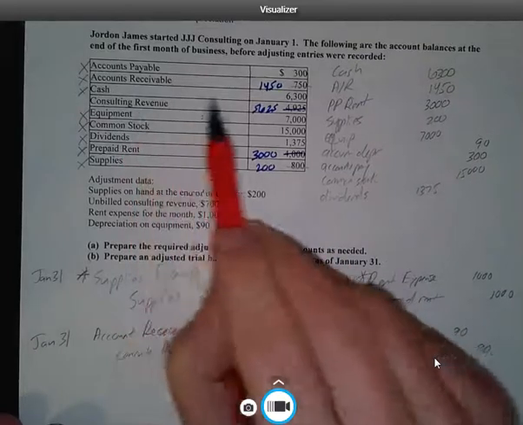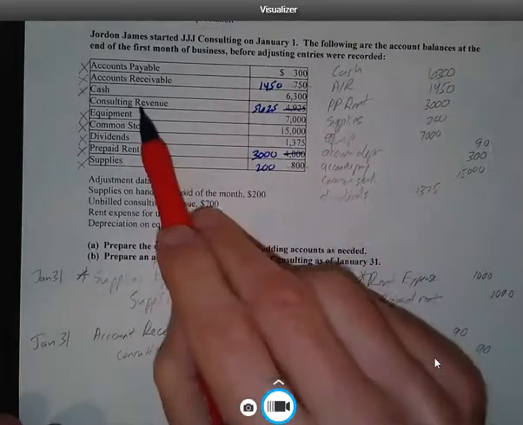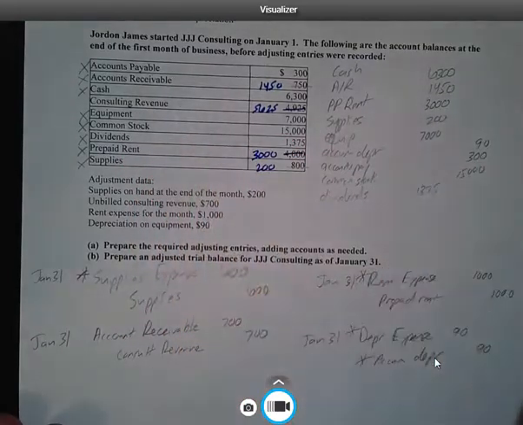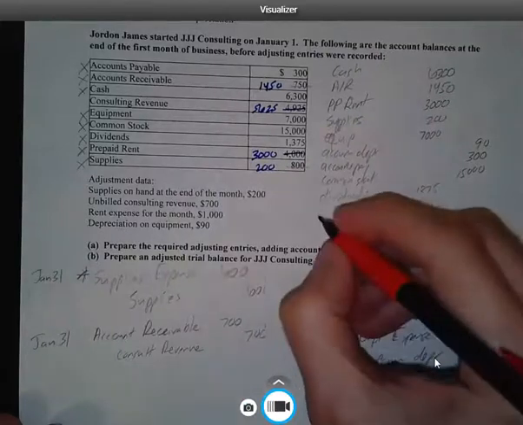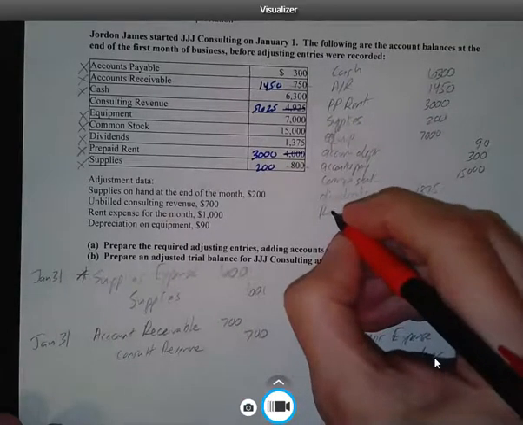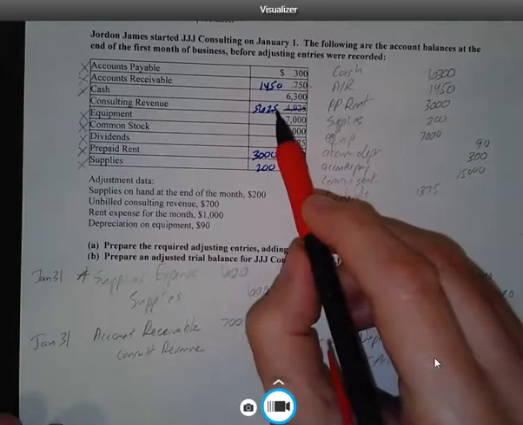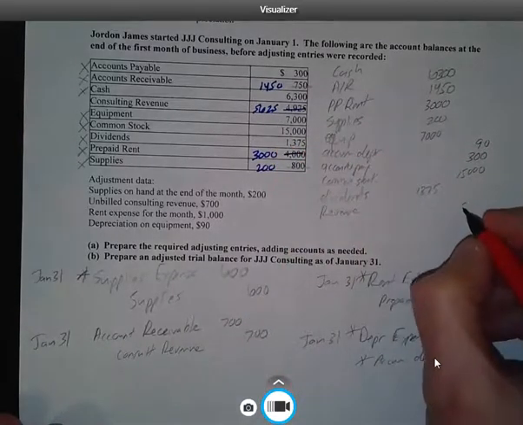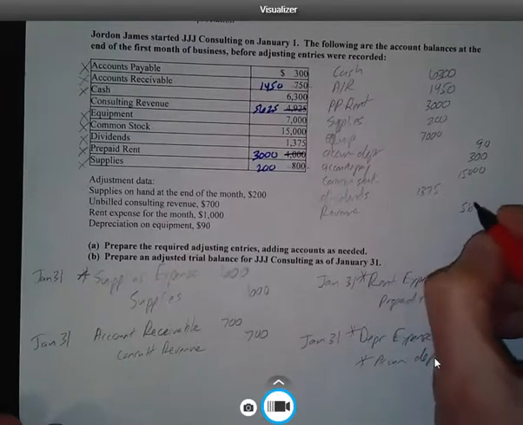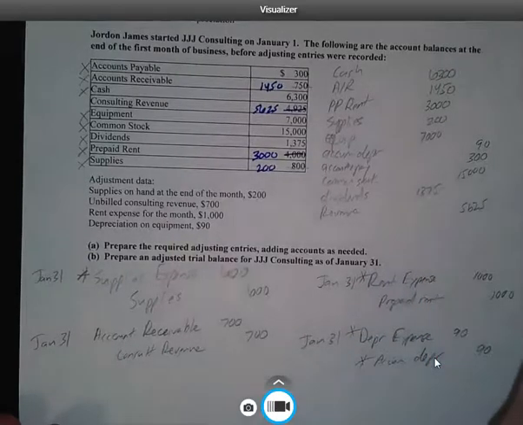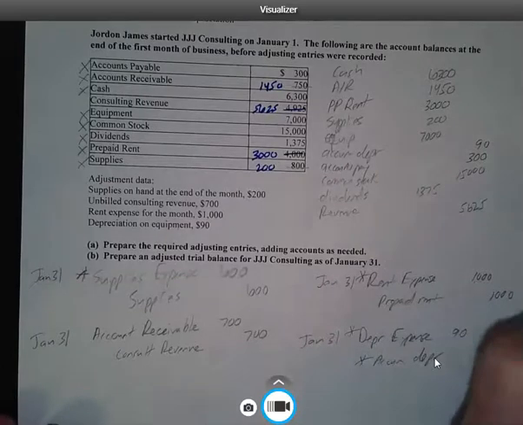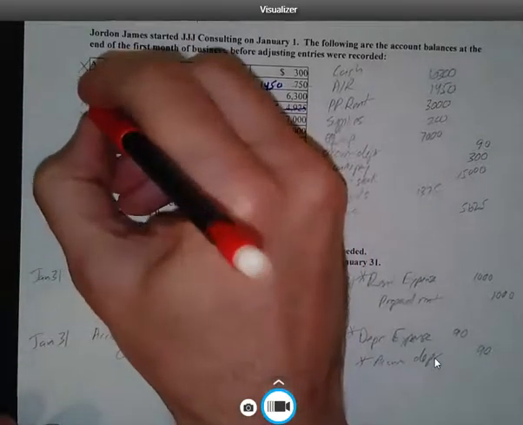Then we're going to go to our revenue accounts. We've only got one, I think. Yes, consulting revenue. I'm just going to put revenue. And how much was that? $56.25. Now remember, that would be a credit. $56.25. So we're going to put an X on that.